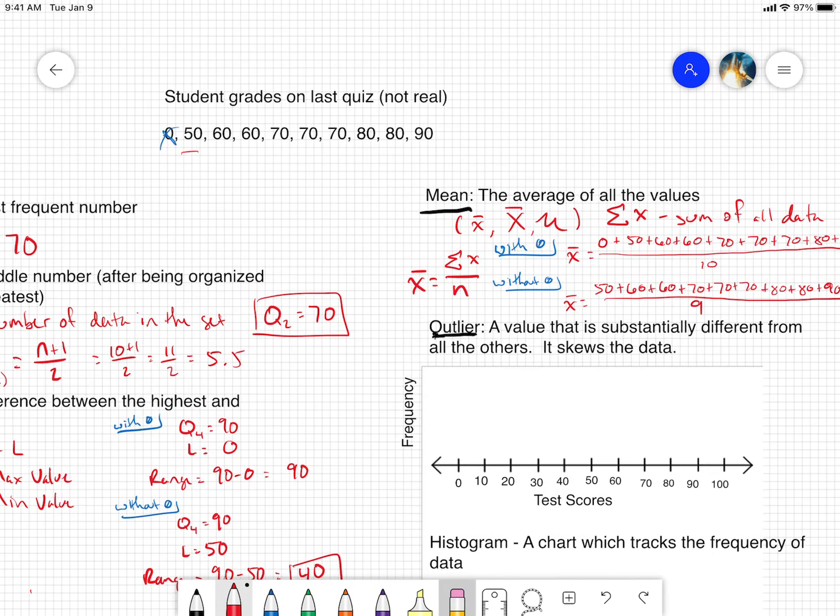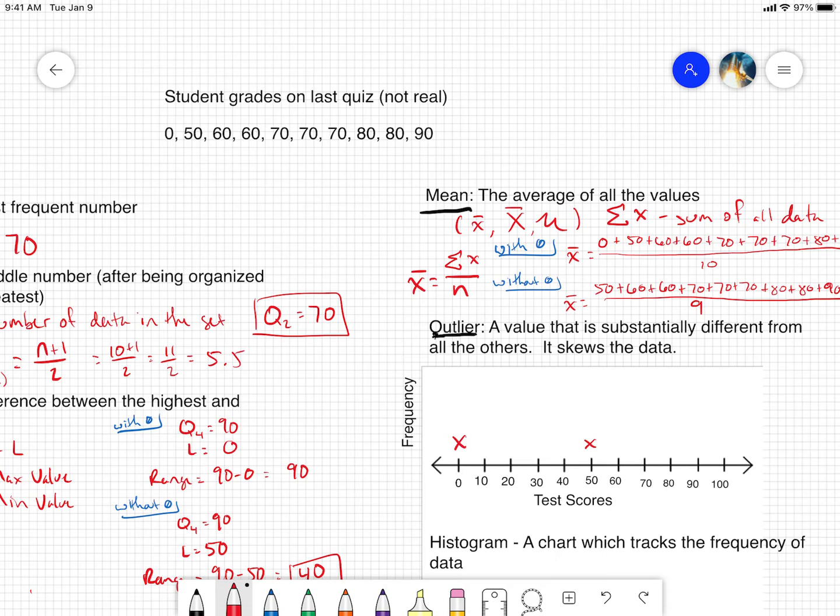My first one, again, we're going to look at what happens with 0. My first data point is 0, so I just put an X above the number line at 0. Our next value is 50, so I'm going to go all the way to 50 and put an X above that number.